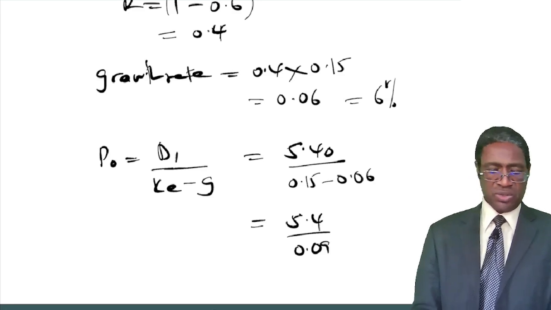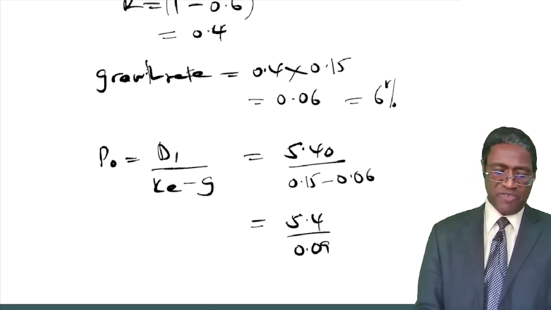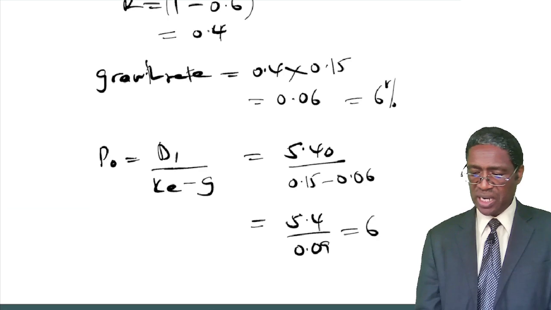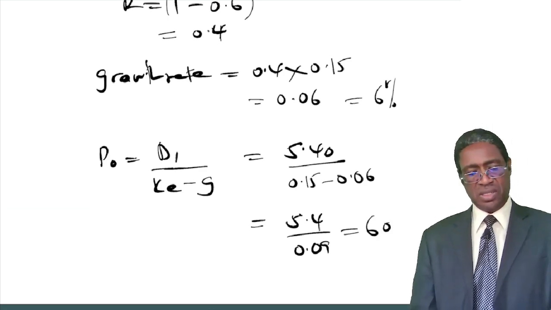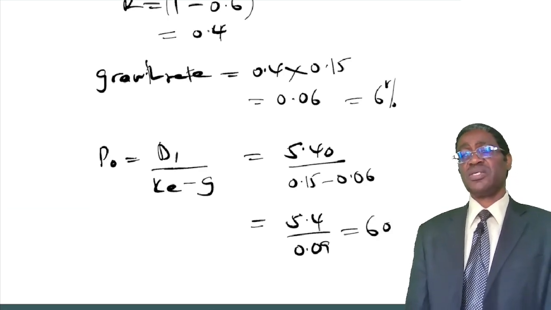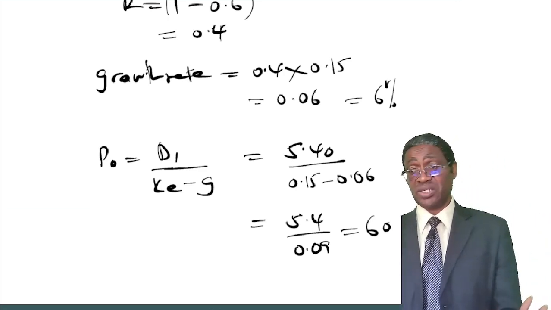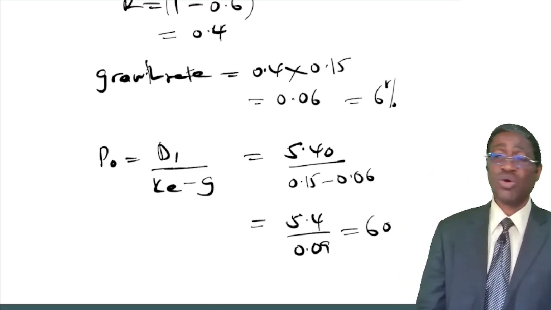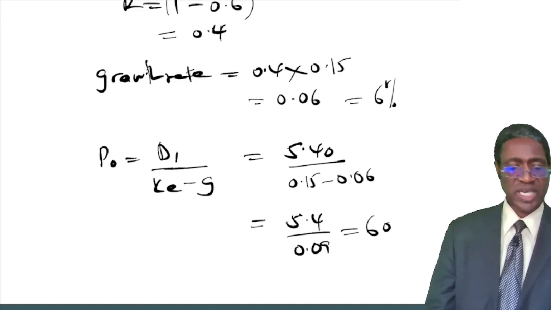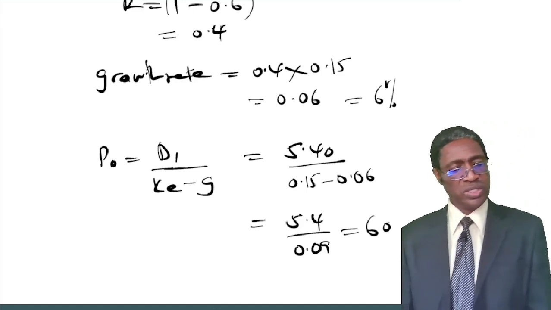This becomes 5.4 divided by 0.09. I'm getting exactly 60. So the price is 60. So let's compare and tell the investor whether to buy, sell or hold.